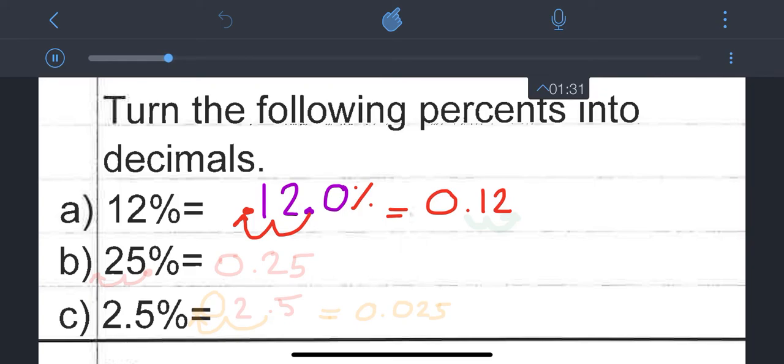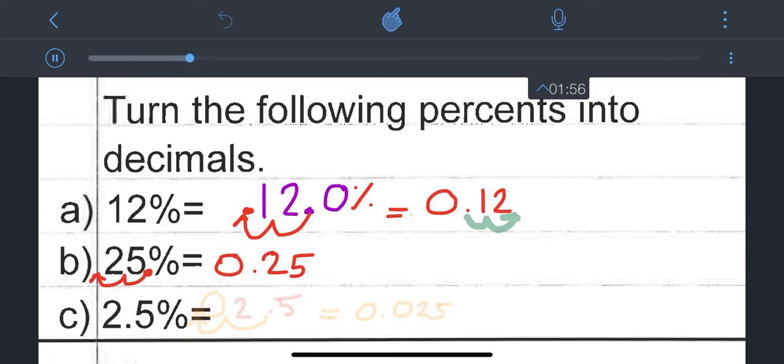If you wanted to go backwards, you could either move the decimal back over to the right, or you can just multiply the decimal by 100. Okay, so we're going to do the same thing for these other 2 problems. That means that 25% is really 0.25 in decimal form, right? 25 cents is 0.25 of a dollar.